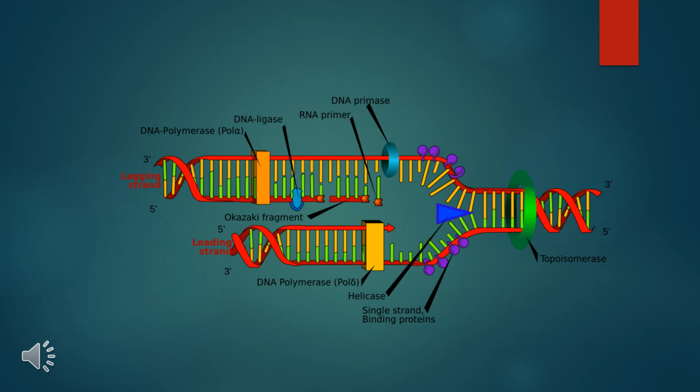Instead, as the helix unwinds, RNA primers are added to the newly exposed bases on the lagging strand, and DNA synthesis occurs in fragments but still in the 5' to 3' direction as before. These fragments are known as Okazaki fragments.